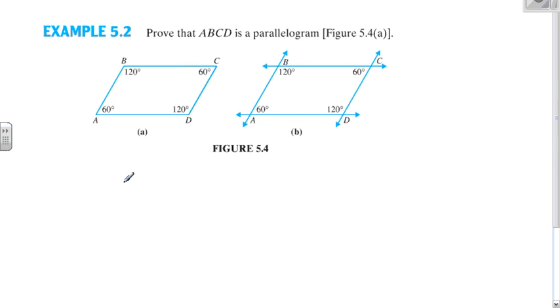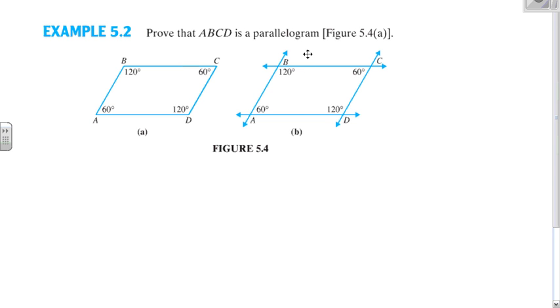Since it's a parallelogram, we know that opposite sides are parallel, so BC is parallel to... well, we're trying to prove it's a parallelogram. So we need to start with the angles. We need to show that BC is parallel to AD.